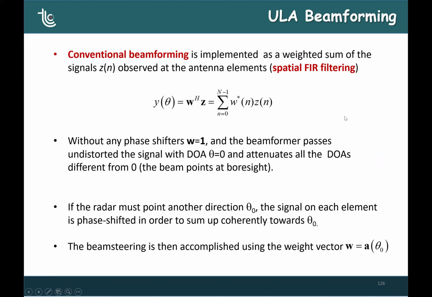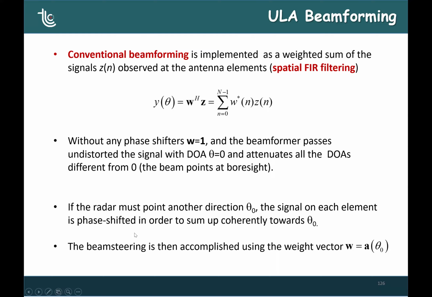Because in the passive radar anyway, we want to scan the field of view. So we want to scan different angles, looking for targets in different angle positions. Then what should we do? We need to introduce a different weight W in order to scan the beam.